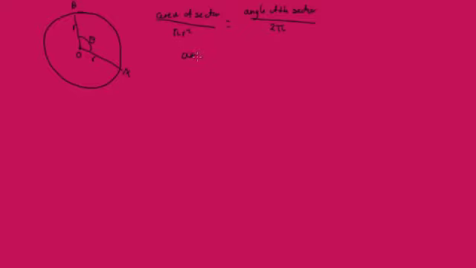Now we can rearrange this. The area of the sector is what we want. It's pi r squared, the circle, times theta over 2 pi.